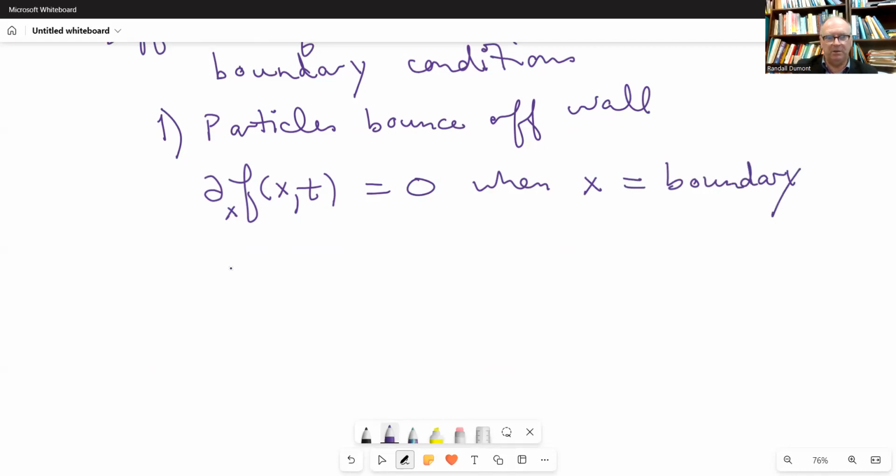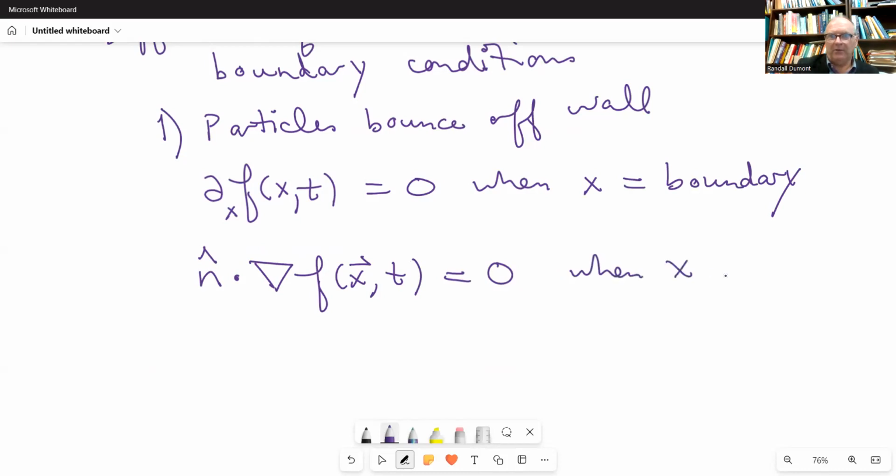Or if we were in multiple dimensions, then we'd have an n vector dotted with the gradient of f of x, this is now a vector, that equals 0 when x is on the boundary and n is the normal to the boundary.